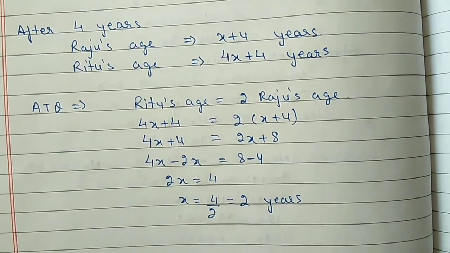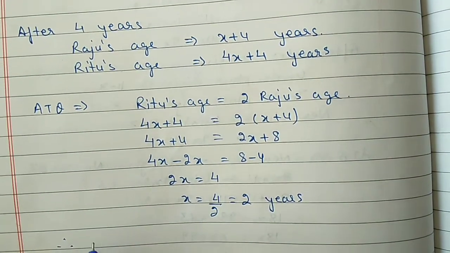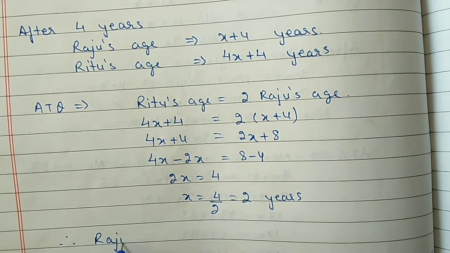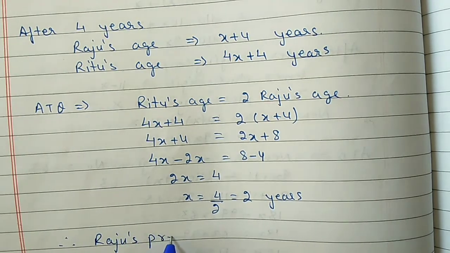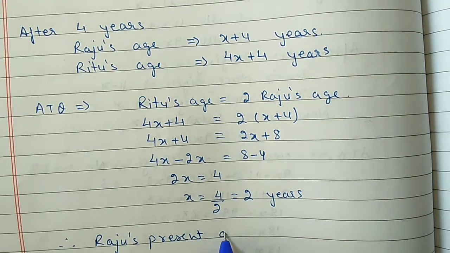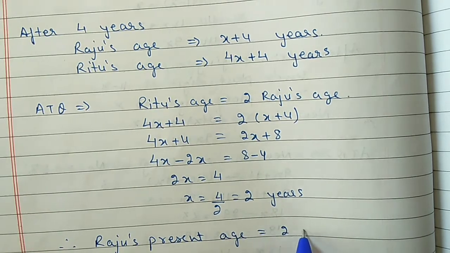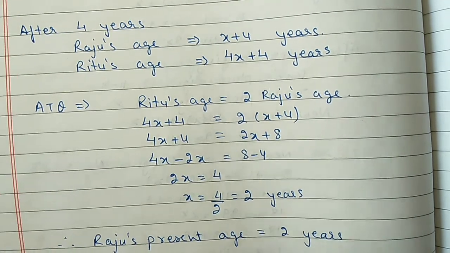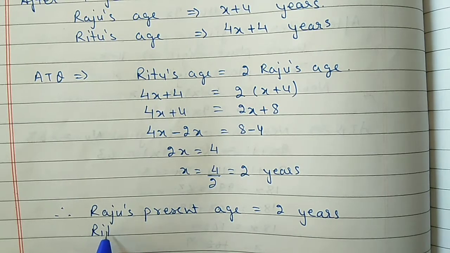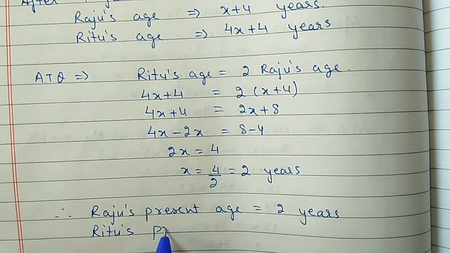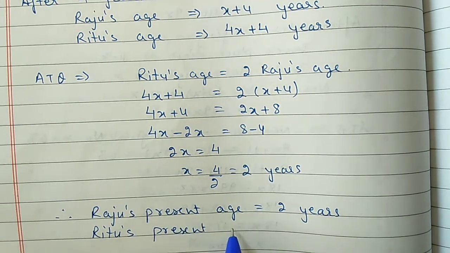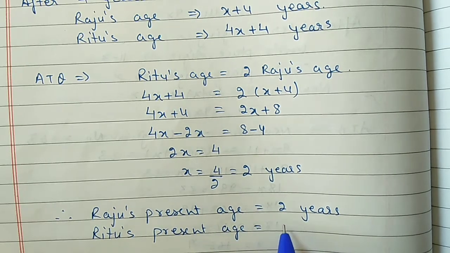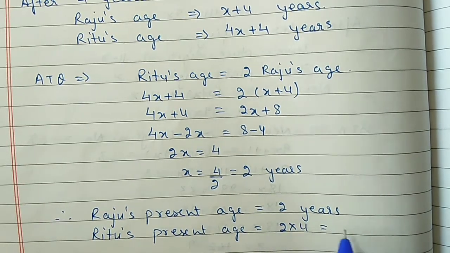Therefore Raju's present age is 2 years, and Ritu, she is 4 times of her brother, so her age will be 4 times 2 means 8 years.